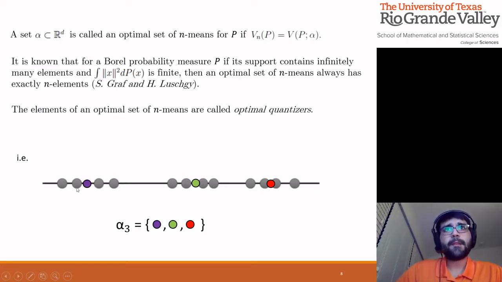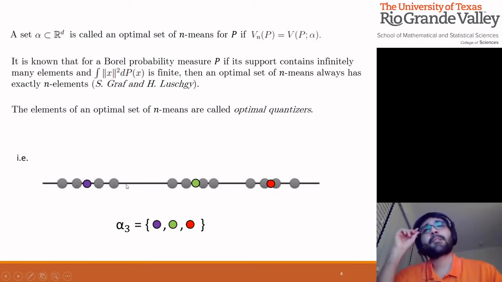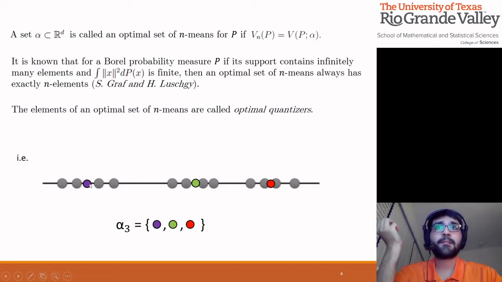So here you can imagine that if we have a set, suppose consisting of these gray circles, we can define an optimal set of three means like this, where each element here, the purple circle, the green circle, and the red circle, is called an optimal quantizer. And pretty much what they do is, we can imagine this is like the centroid of this group right here.